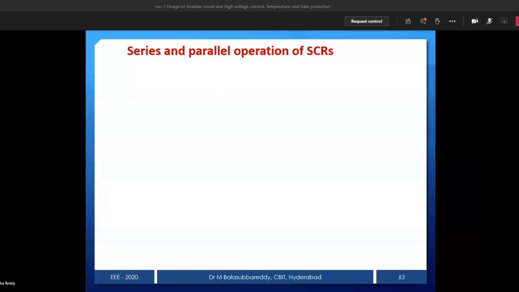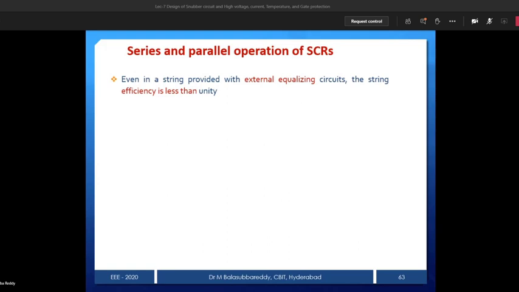Even a string provided with an external equalizing circuit has an efficiency less than unity, because there is again a problem under the dynamic condition, whereas under the static condition the efficiency may be high. What is the meaning of dynamic?